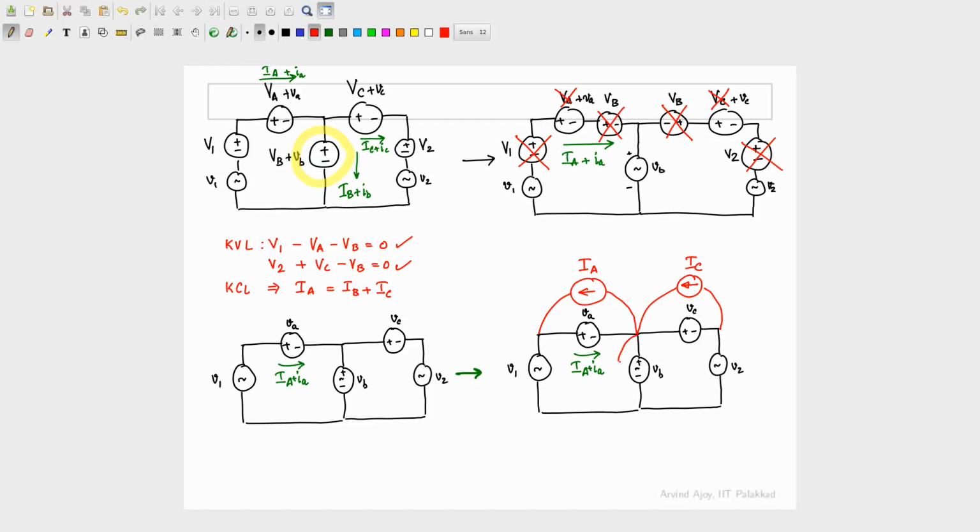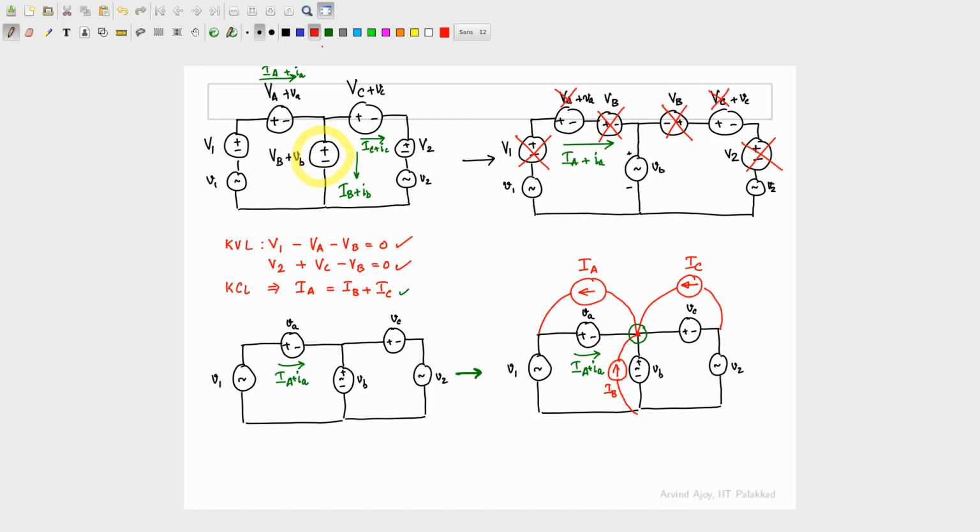IC was flowing that way and IB was flowing this way. This was your I capital B plus IB. This was I capital C plus I small c. So to compensate for the I capital E, say I put another current source like that, with current flowing in that way, capital C. And this one, I put a current source like this, and let me say that this is that way.